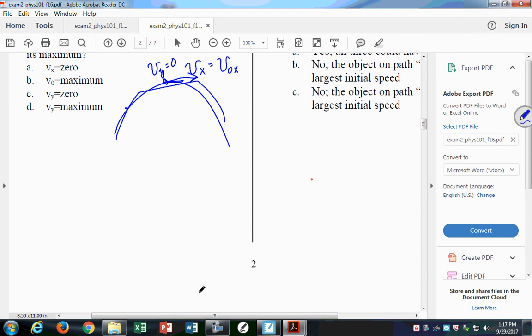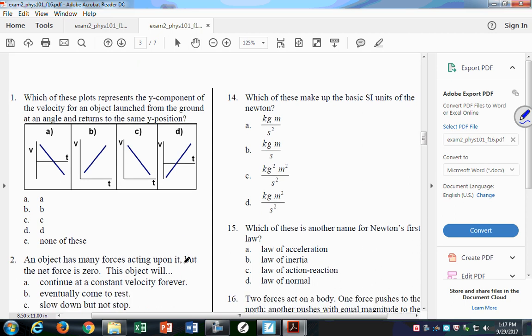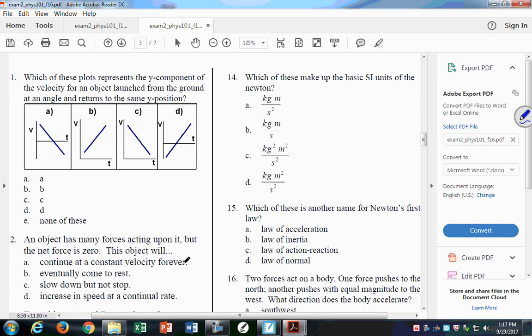You can see some graphs like this. Make sure you review those graphs. For example, this is the y component of the velocity. The y component of the velocity starts out big and positive. It goes to 0, and then it becomes big and negative. Goes up, stops, comes back down again. If I were to look at the x velocity versus time, it would just be a straight line across. It's always constant. The x velocity doesn't change.